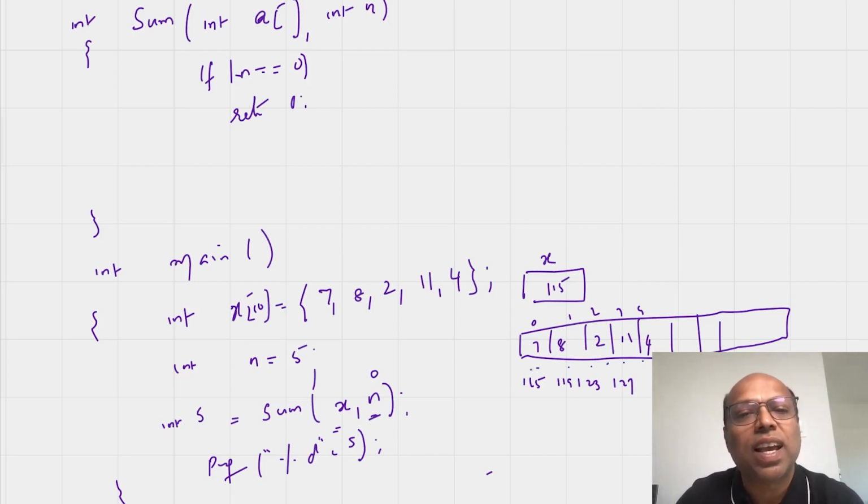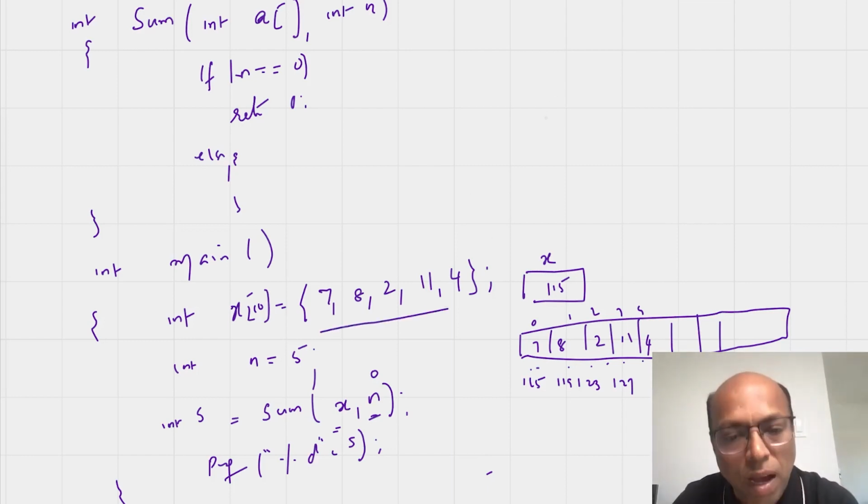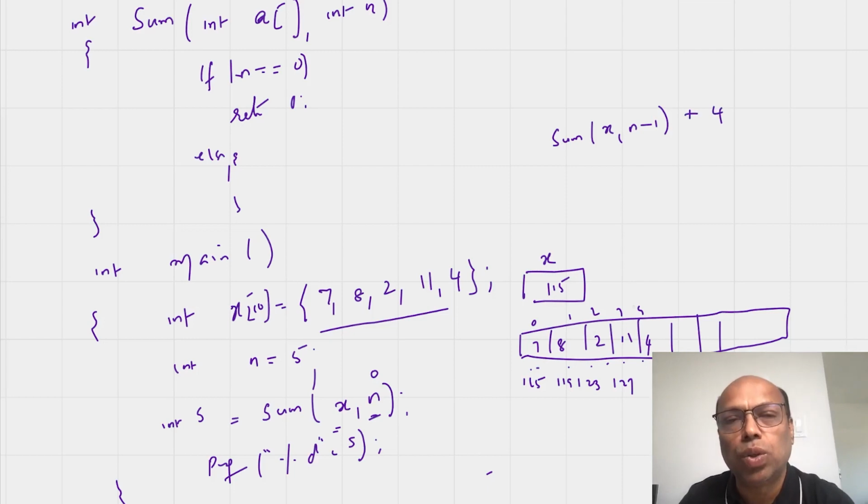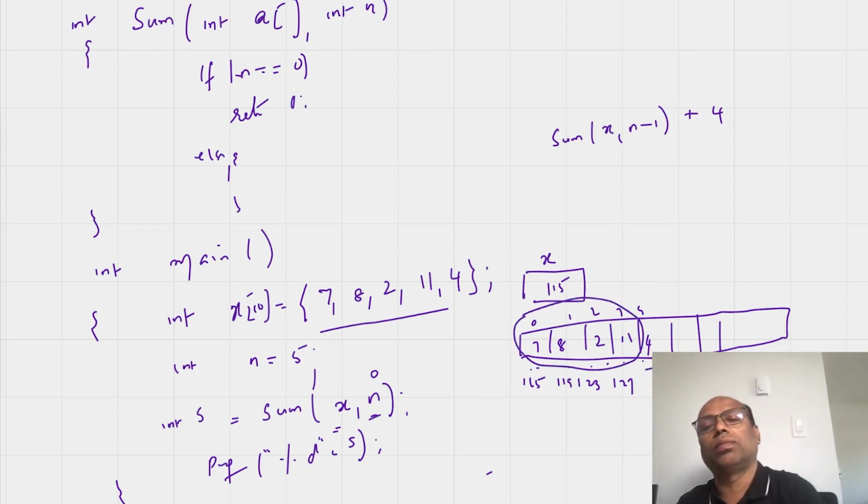So that means I'm going to write my recursive component. Before I write the code, I want to ask you, can I say the sum of the elements of this array is the same as the sum of the elements of the array with size n minus 1, plus the last element? If n is 5, n minus 1 is 4. The total sum of the array is the sum of the first blocks plus the last one.